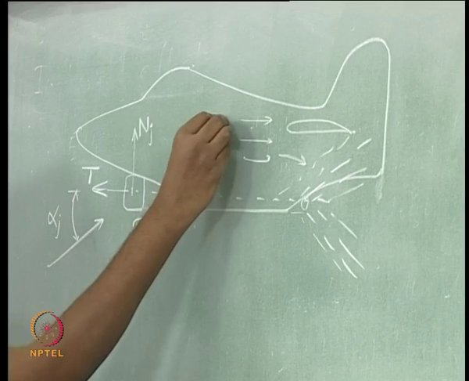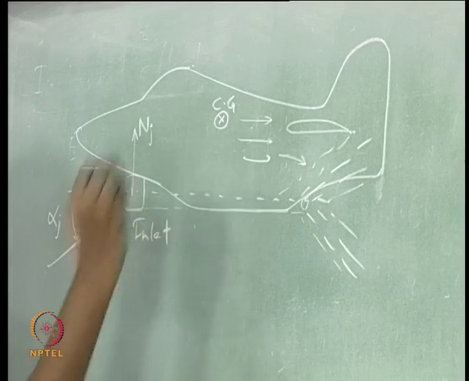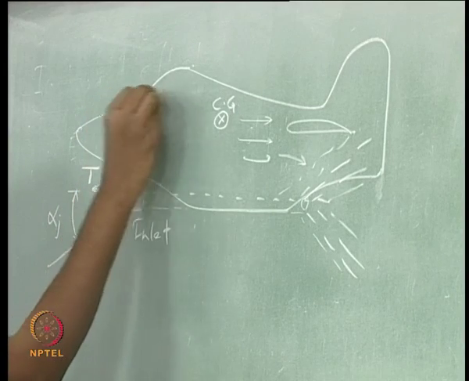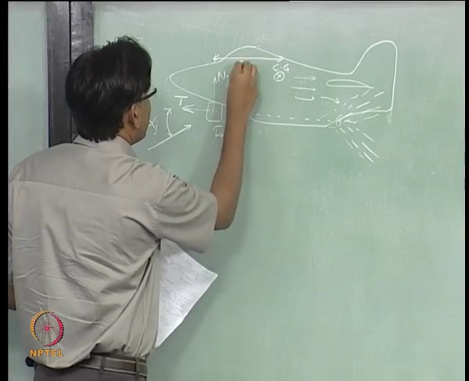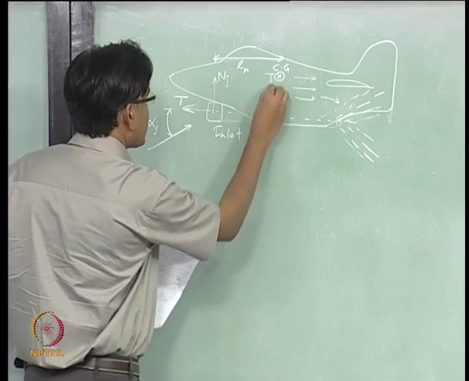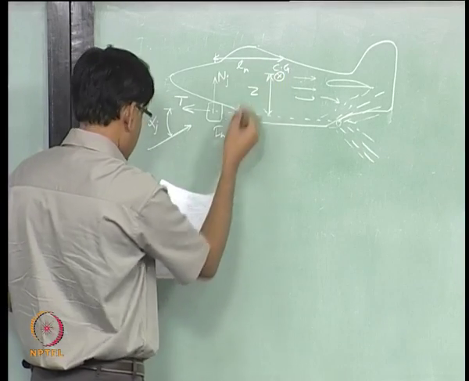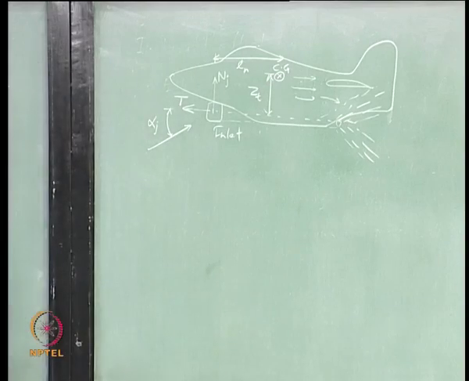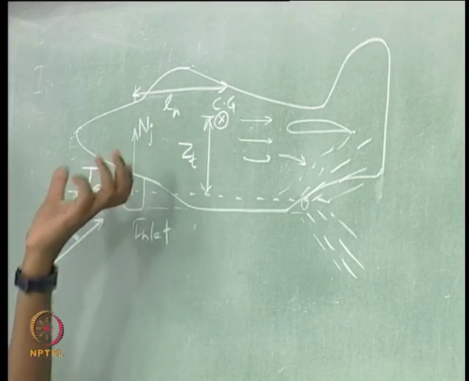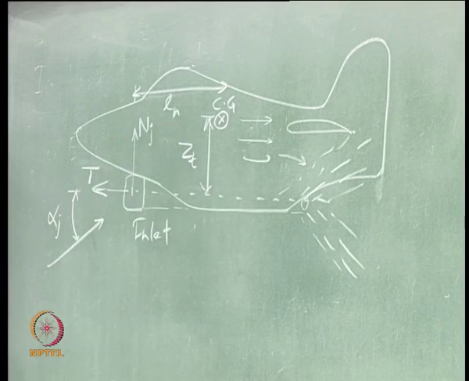And let us say my CG is somewhere here, at a distance ln, and this distance is, right. So clearly now you can find out what moments these forces are going to create about the CG, right. That is all I want to find out. So these are direct effects, coming directly from the forces, right.